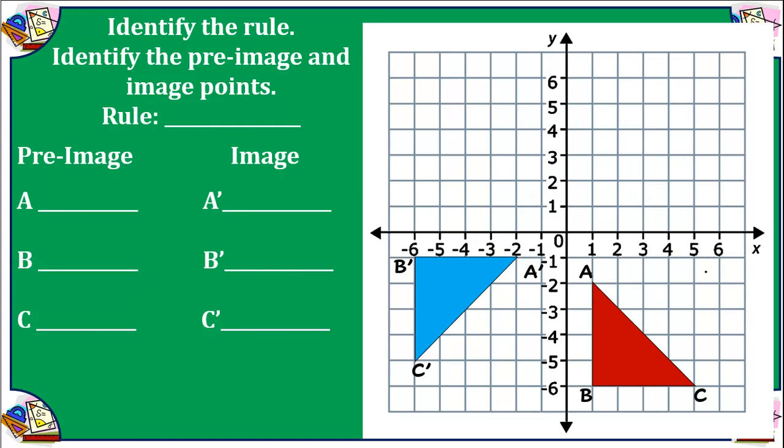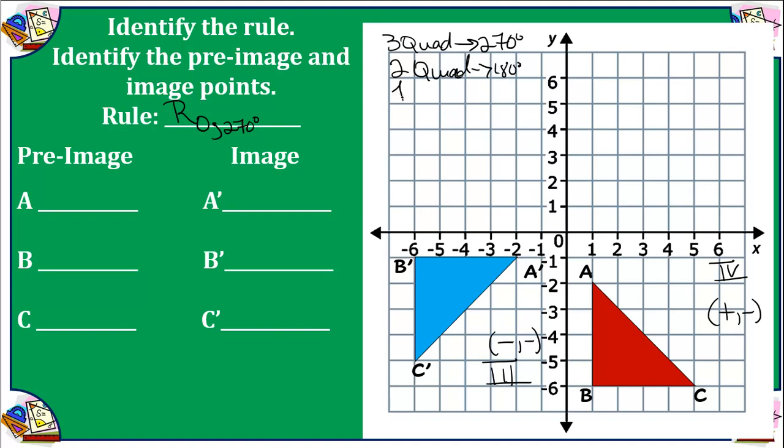Okay, this time, again, we're starting in quadrant 4, which is positive, negative. We are going 1, 2, 3 quadrants around to quadrant 3, which is negative, negative. So going 3 quadrants is a rotation about the origin of 270 degrees. So 3 quadrants of rotation is 270, moving 2 quadrants is 180, and rotating 1 quadrant about the origin is 90 degrees.